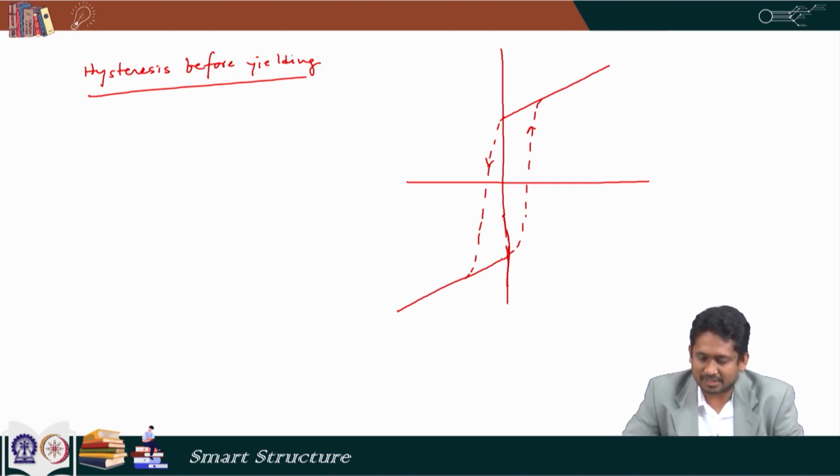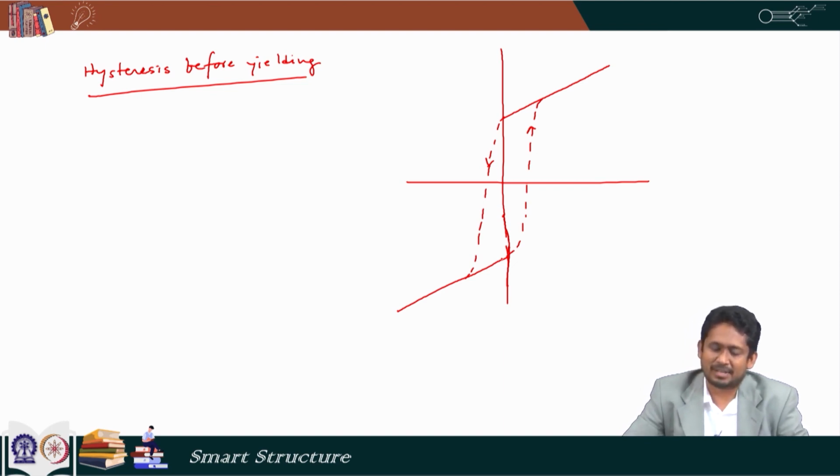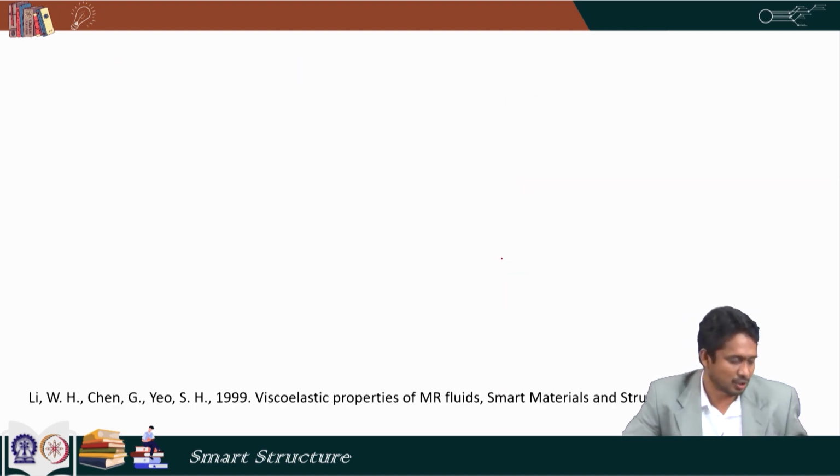and all the models that we talked about do not include the pre-yield viscosity and the pre-yield hysteresis; they are much simplified models. Now, in many cases, especially in applications for damping or shock absorption, the pre-yield behavior is very important, and the pre-yield behavior is more of a viscoelastic behavior.